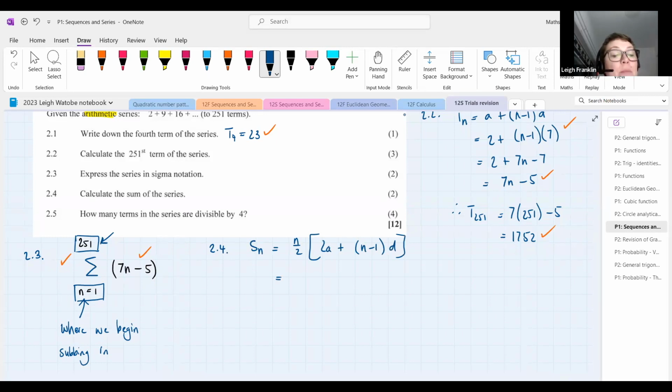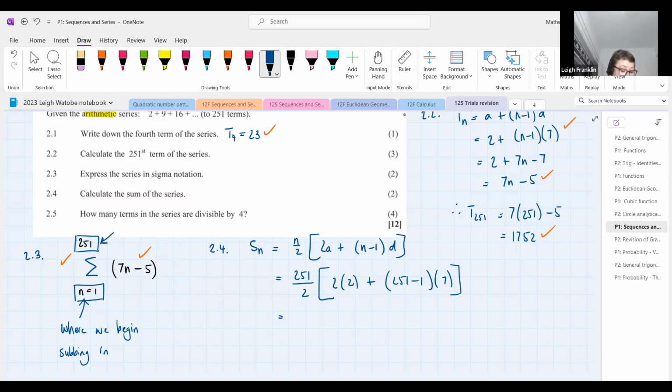We know the number of terms in this series is 251, a was equal to 2, n minus 1 would be 251 minus 1, and d is equal to 7. Then we can work out the sum of the terms in this series. So let's just do that quickly. You guys can do it as well.